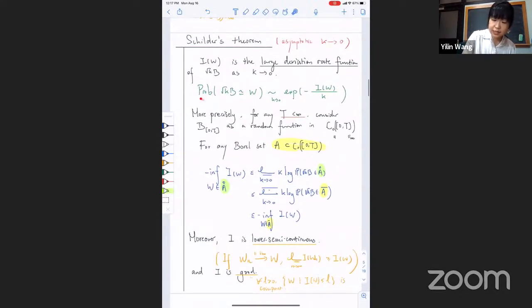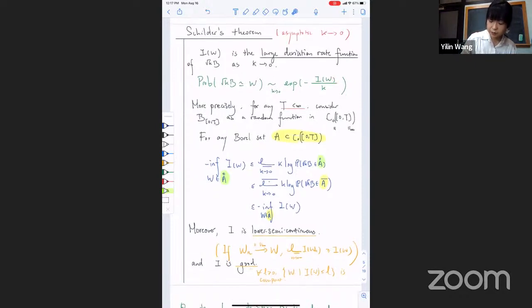All right, so the intuition that you can have in mind is that if you take A to be an epsilon neighborhood of W, then on the right-hand side here you will have, instead of the Dirichlet energy of W, the infimum of the Dirichlet energy inside this epsilon neighborhood.